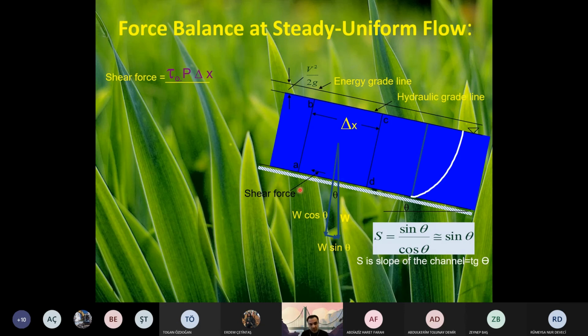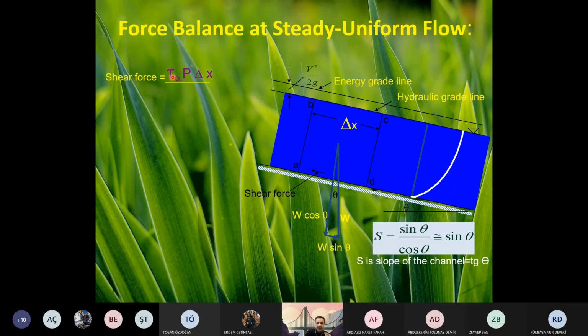But when we assume this element of water, our wetted perimeter multiplied by delta x, the distance of the water element, changes to wetted area. So we have delta x from here to here, and a wetted perimeter that symbolizes the cross section. Therefore, this is my area, P wetted perimeter times delta x, and I have shear stress.